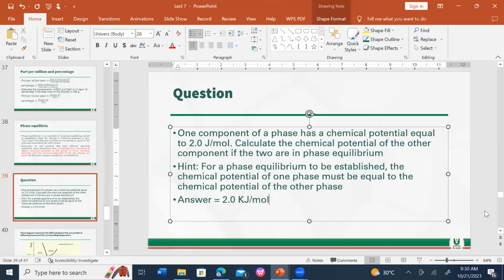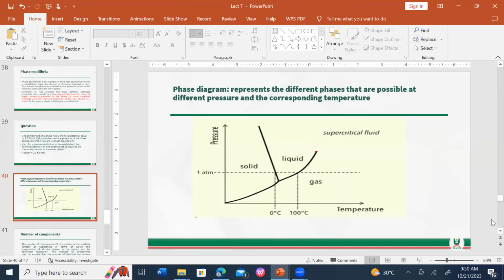So now we move on to the phase diagram. It represents the different phases that are possible at different pressures and the corresponding temperatures. This is the phase diagram of water. If you look at it, between solid and liquid, one phase is possible.